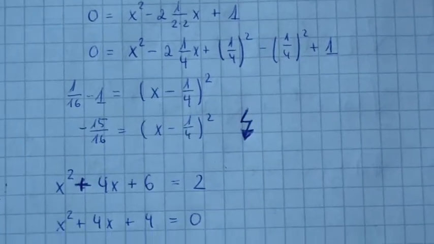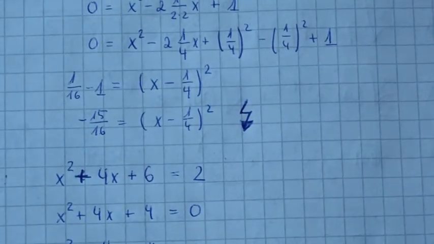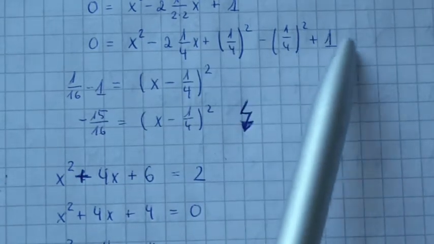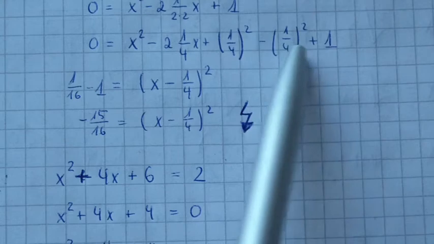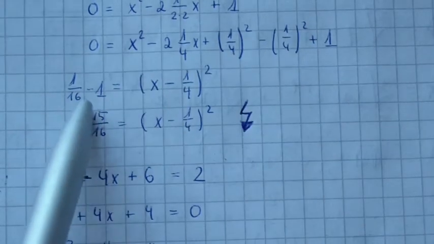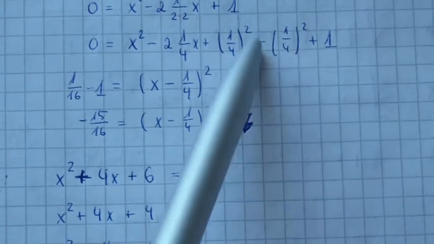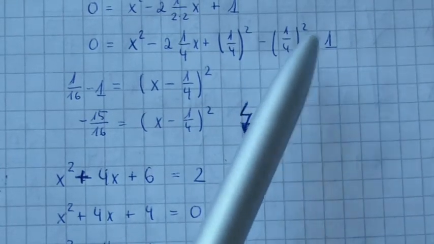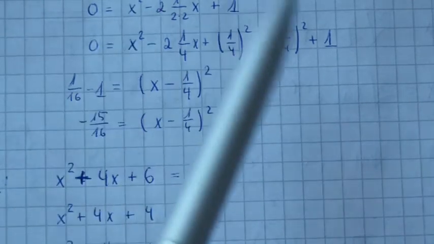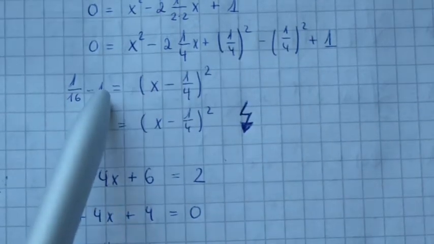Okay, let's go up a bit. Okay, now we did this, and the next step is just to put this stuff to the left hand side, making this minus 1/16. Okay, it was minus 1/16, but it will become plus 1/16, and this plus 1 will become minus 1.